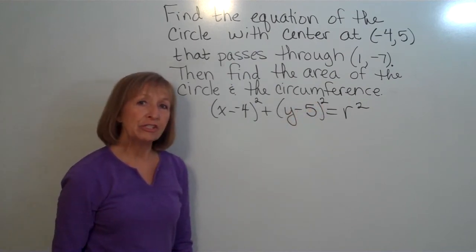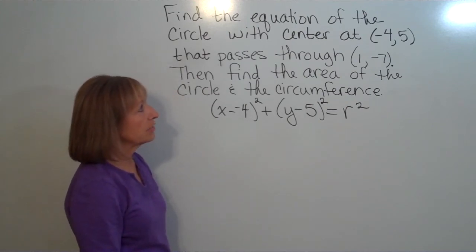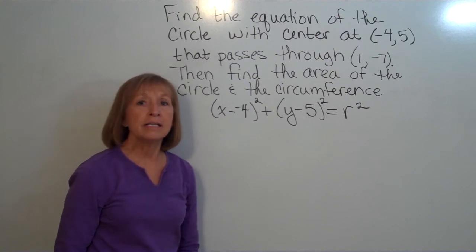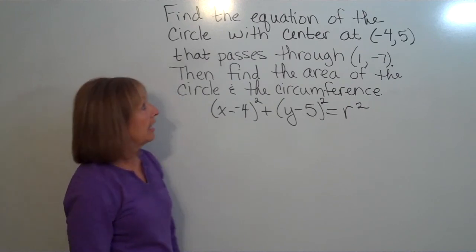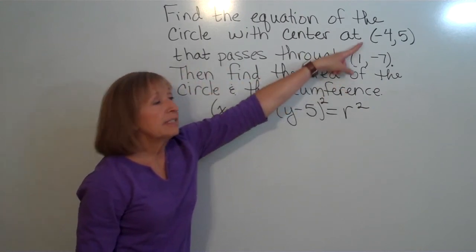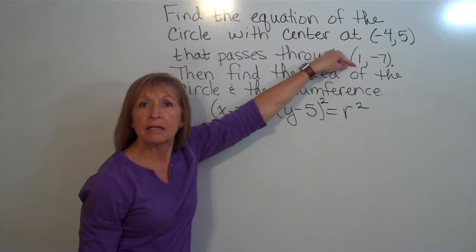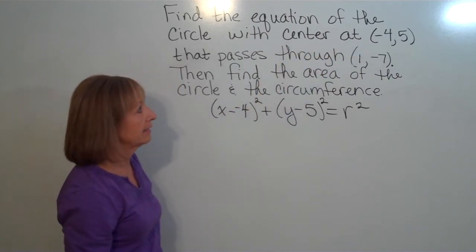So what I really need to do is still find my r so that I can put that on the other side and square it. Well, remember, r is your fixed distance between your points on the circle and the center. And it does tell me a point on the circle. So I just need to find the distance between the point on the circle and the center in order to find my radius.